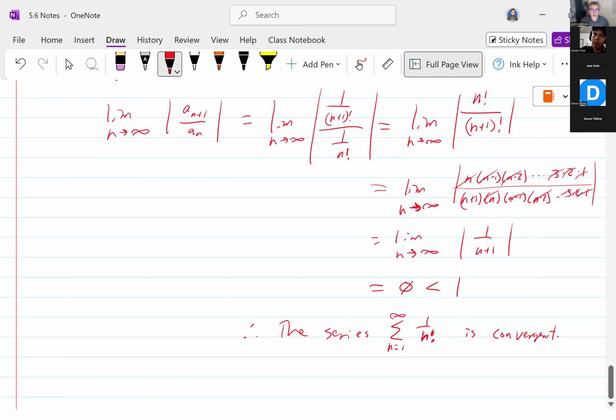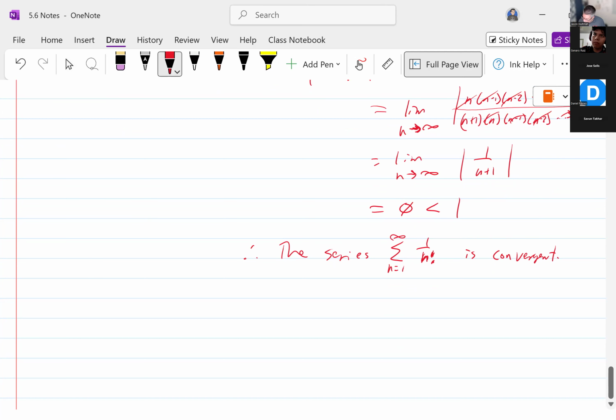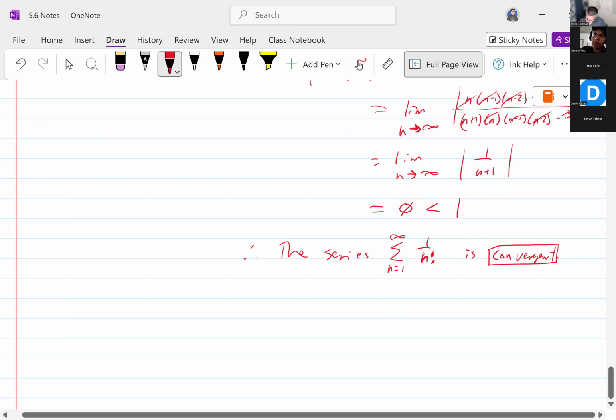But we used the ratio test here because of the factorials. Again, the ratio test works really, really well if we have factorials. And so the series is therefore convergent by the ratio test. Once again, tell me which test you used.